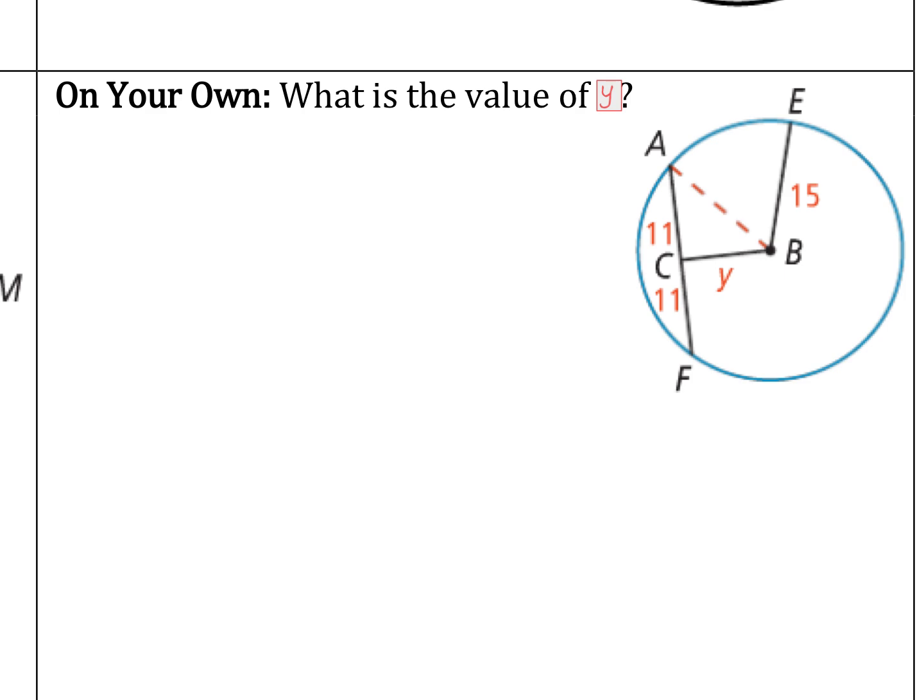Okay, so in here we are asked to find the value of y, this part. So I can see that this is going to be a radius. So if I'm going to redraw that, it actually looks this way. Okay, my y is somewhere here, and I know this is a radius also, so that's going to be 15. And this is 11. This part is going to be 11.